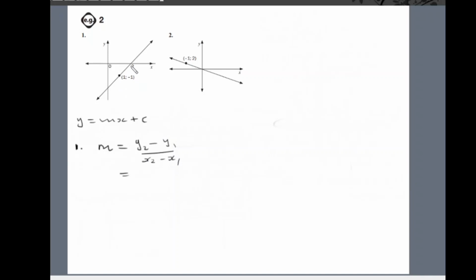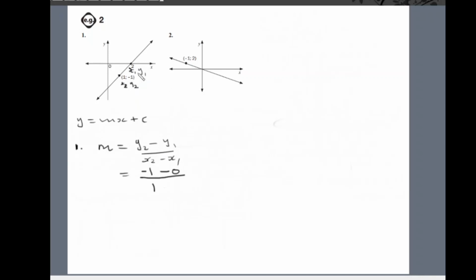I'm picking this point as my x1 and y1 and this point as my x2 and y2, right? So y2 is minus 1 and y1 is 0, sorry. x2 is 1, okay, this is my x1 and y1, right?